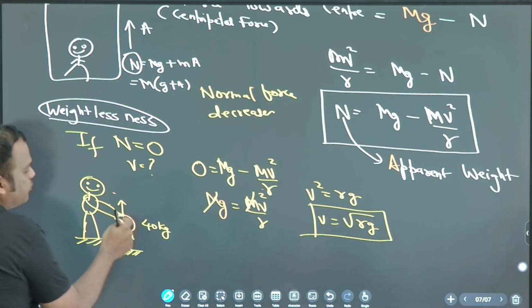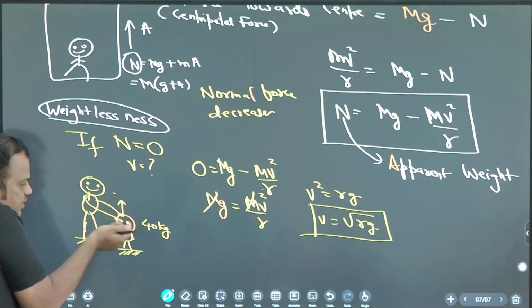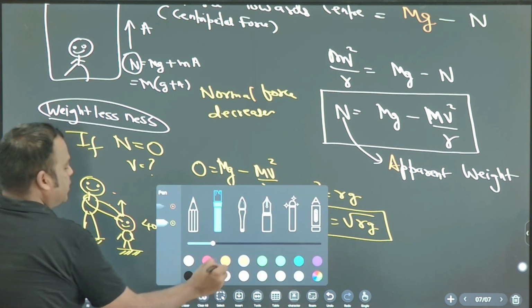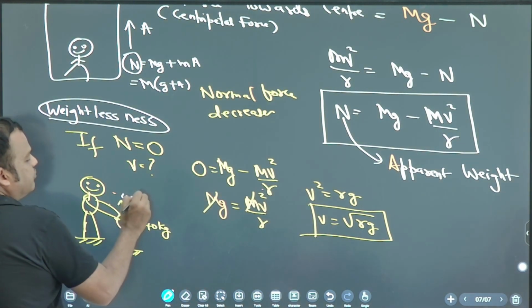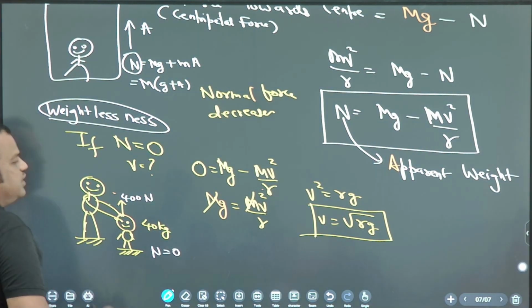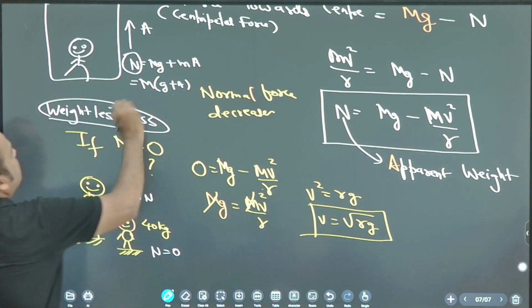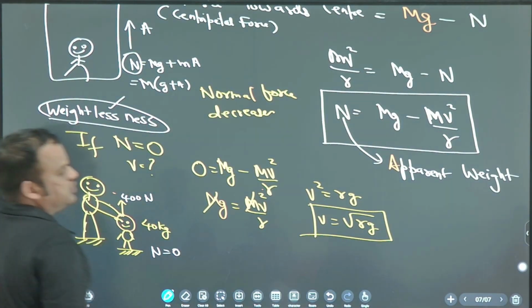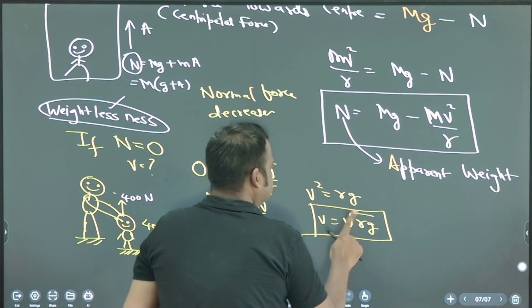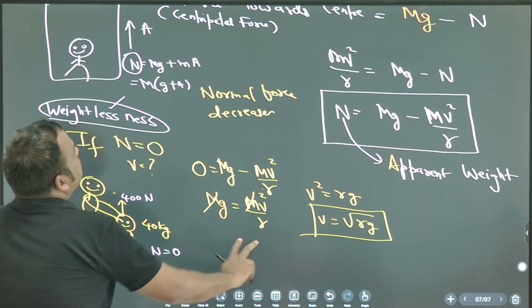How much force will this person exert upward so that there is weightlessness? 400, correct. If you exert 400 Newton upward, normal becomes 0. So normal becomes 0 means weightlessness. Clear? To experience weightlessness, what is the speed? Square root Rg.